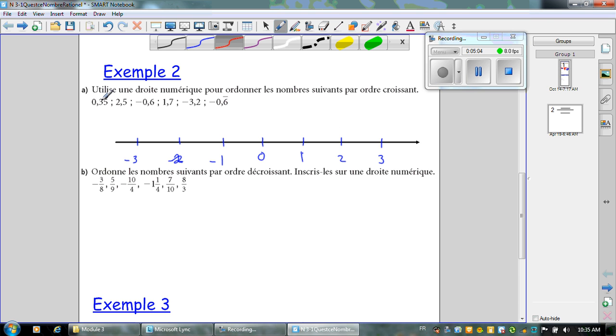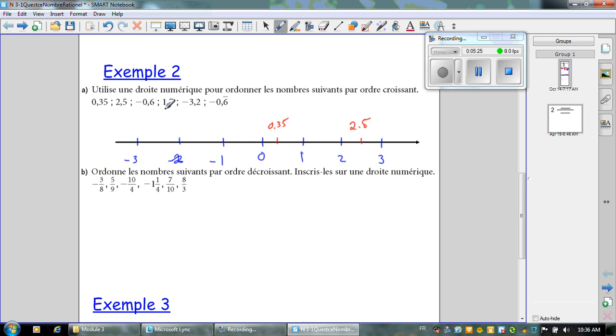So 35 cents. Where would that be? If this is a dollar, it would be about a third of the way. So this would be 35 cents right there. $2.50 is halfway between $2 and $3. So $2.50.